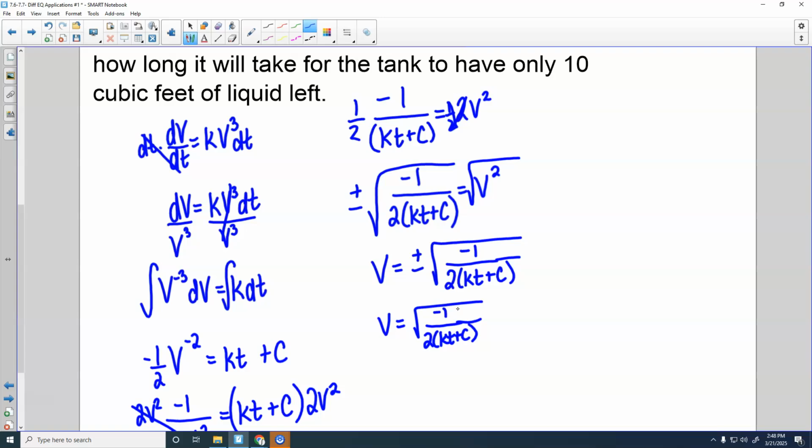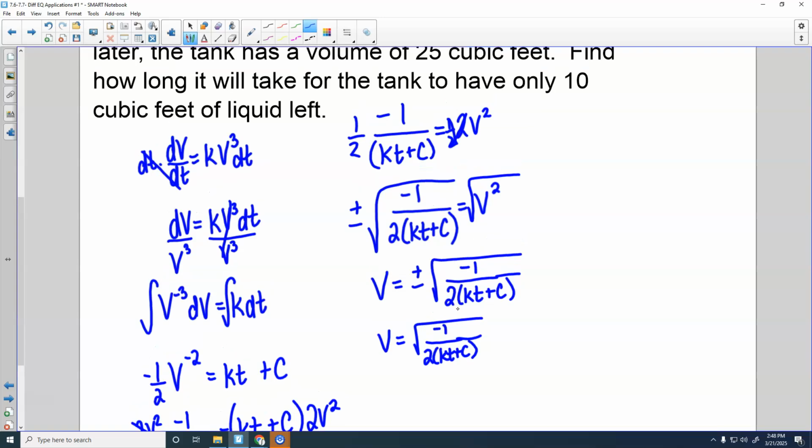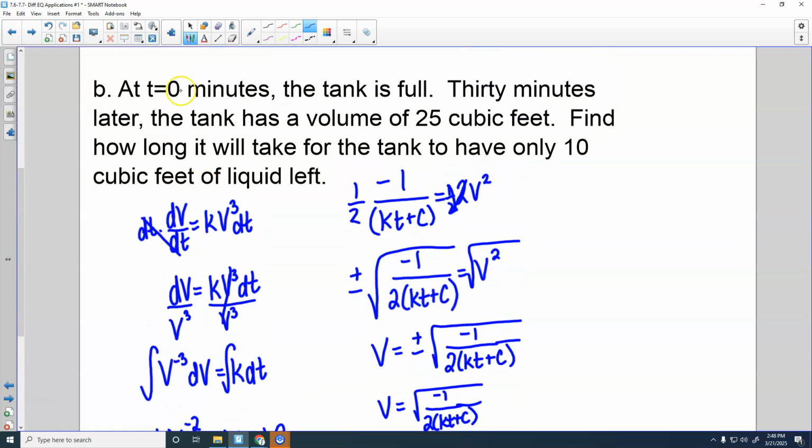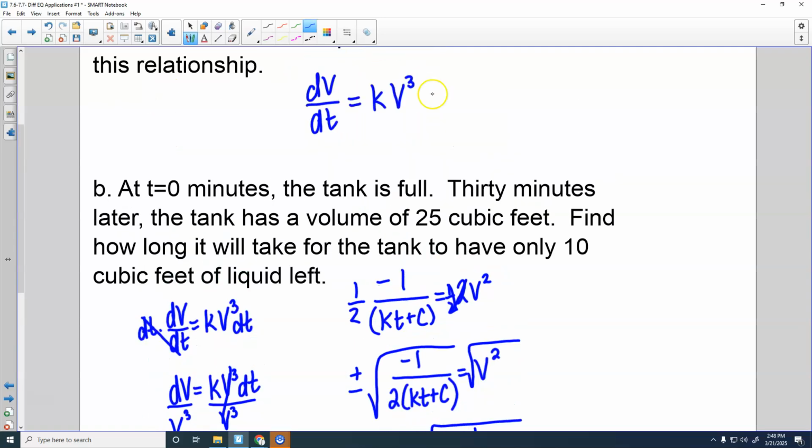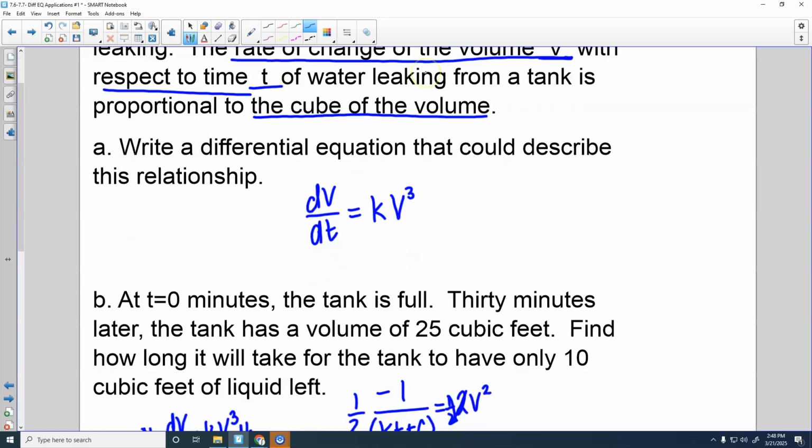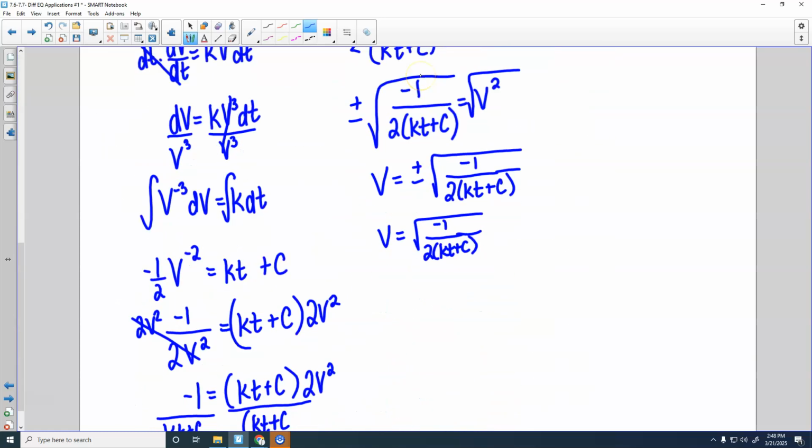All right, so we need to find K and we need to find C. So it tells us at T equals 0, the tank is full, right? And it told us that the tank held 30 cubic feet. So I've got the point (0, 30) that I could plug in here.